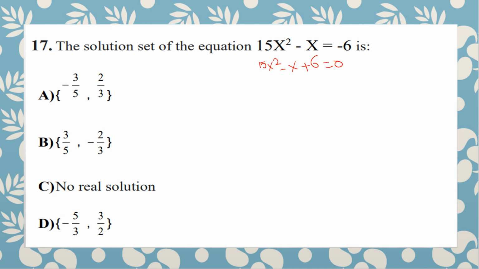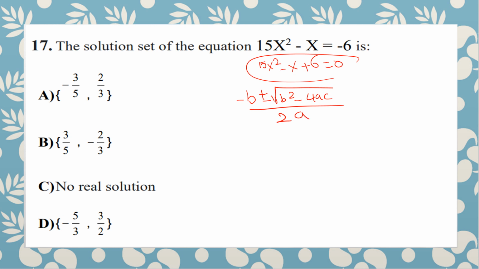We can solve this equation using the general formula of the quadratic equation, which is -b plus or minus the square root of b squared minus 4ac, over 2a, as we cannot solve this using factoring or the square root or completing the square.